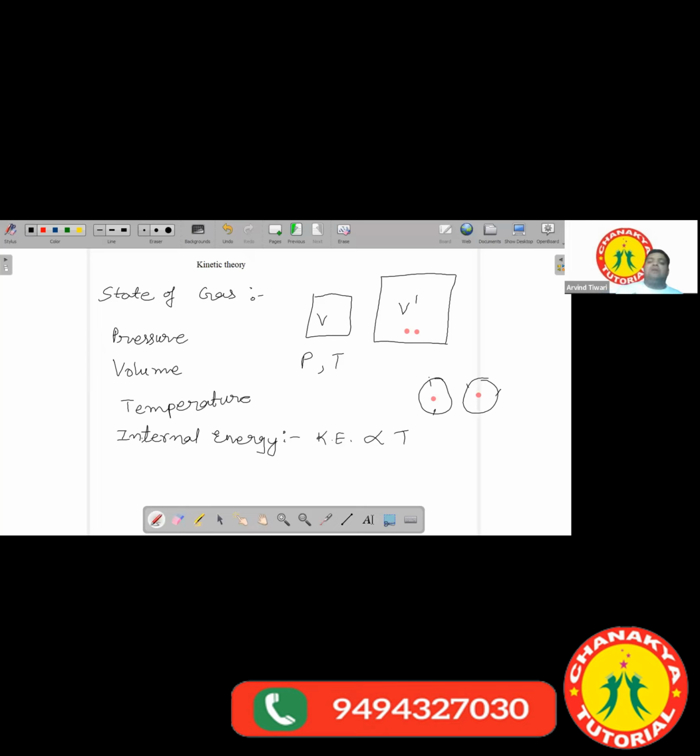In a similar way, we have related this to absolute zero. As you know, temperatures are measured in degree Celsius, in Kelvin and Fahrenheit also. The Kelvin scale is the scale which always remains positive.